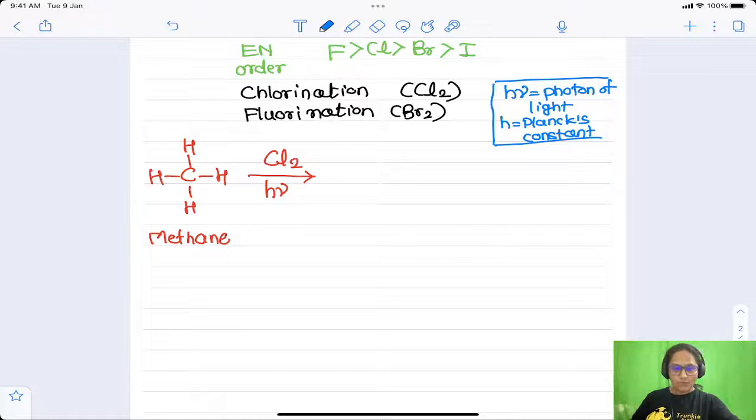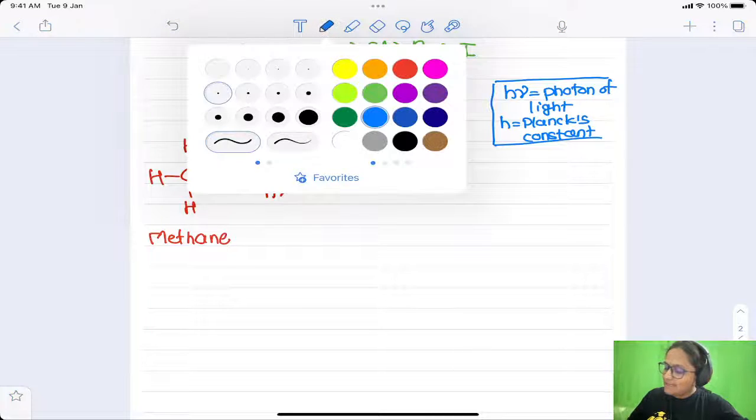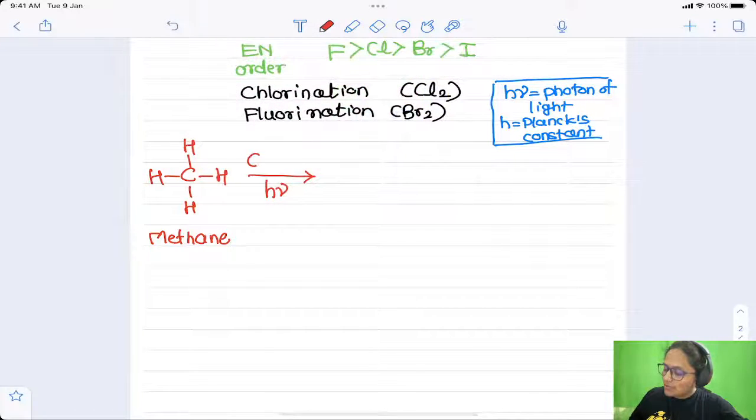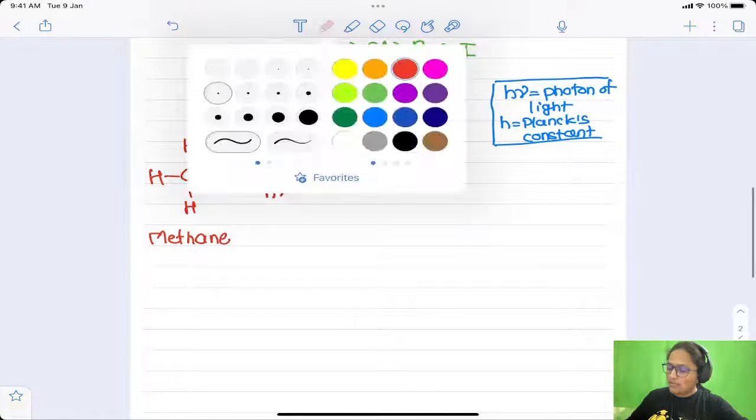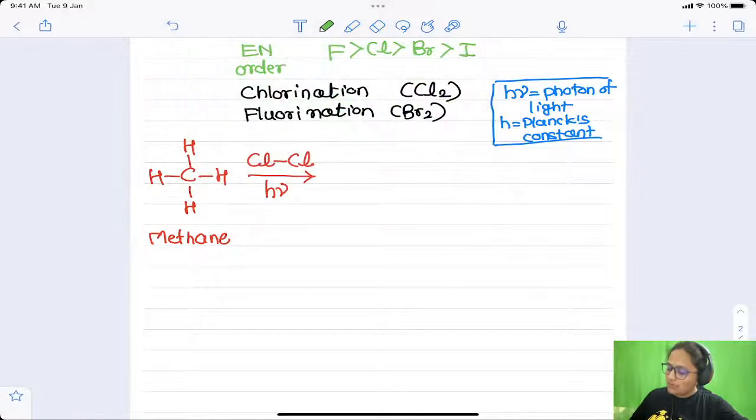So what I have told you here, one of the hydrogens is replaced by the halogen. Instead of writing chlorine gas as Cl2, I'll write it like this. In chlorine gas, two chlorine atoms are bonded to each other like this, right? What happens here?